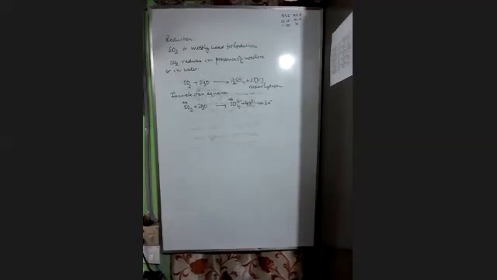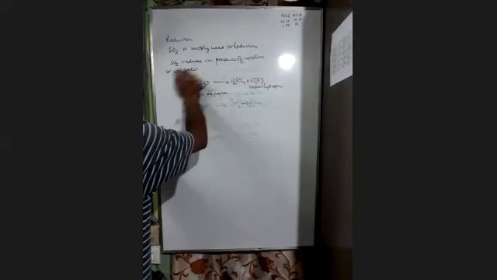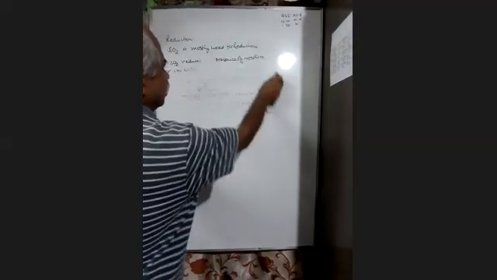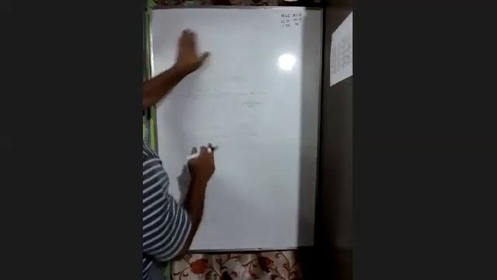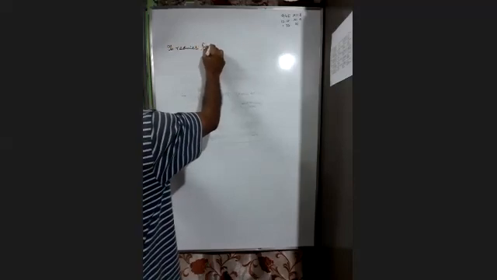Okay. So now in your book only 2 equations are being given. So I shall restrict myself to 2. Right now here. It reduces ferric sulfate.